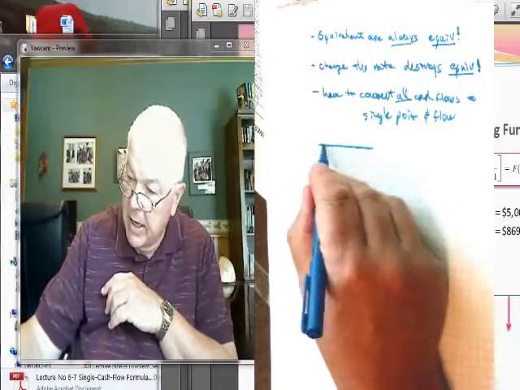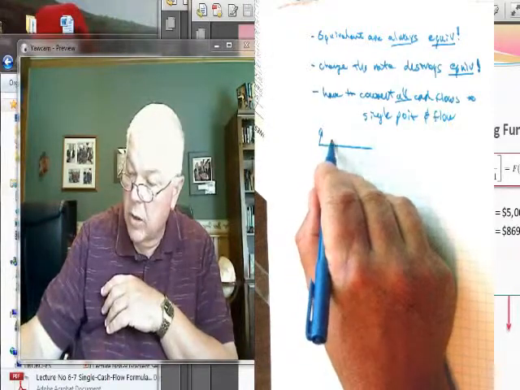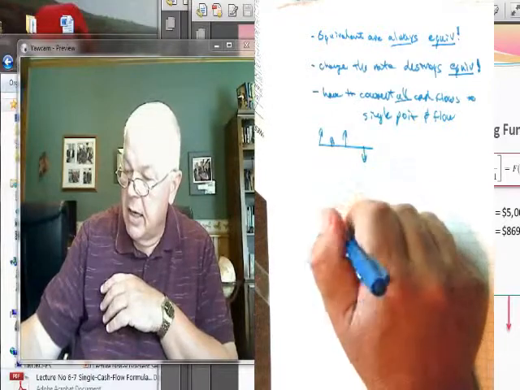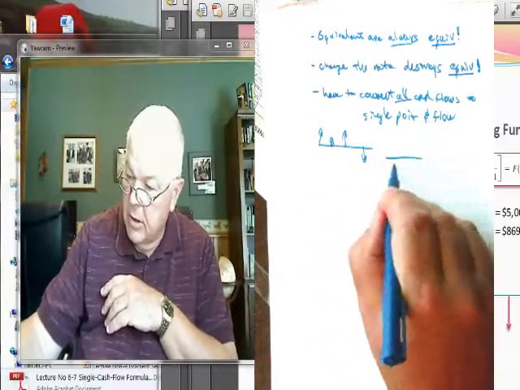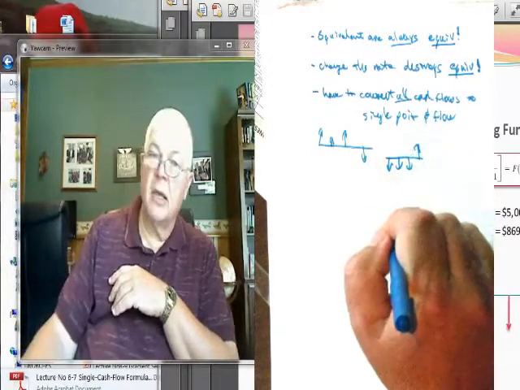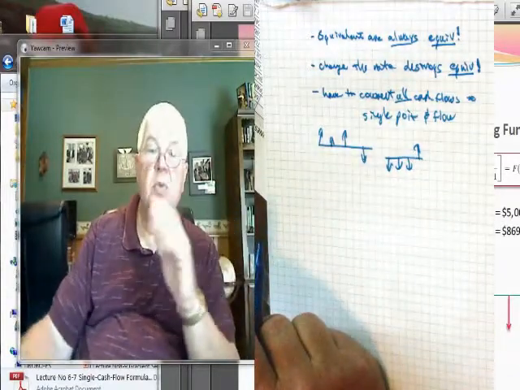Maybe I have a cash flow where I got some cash and I got some more and I got a little more and then I paid it. And I have another cash flow where I'm just making a bunch of payments and then I get some cash out. And I want to compare these to yet another option, but this is one option.